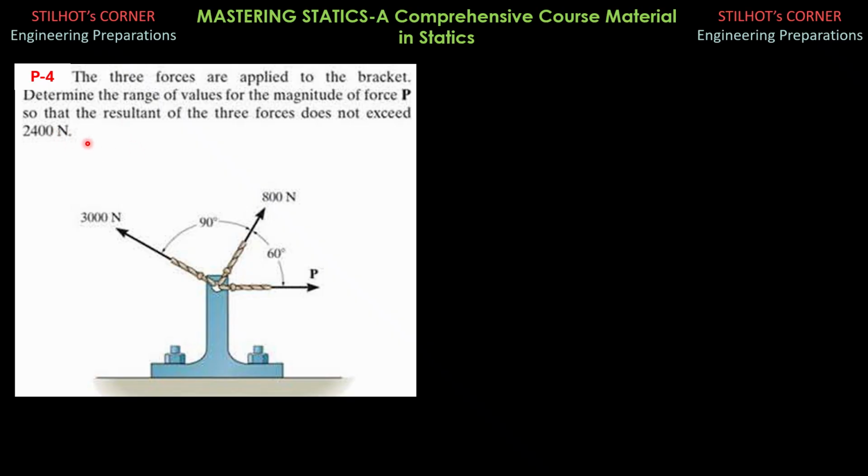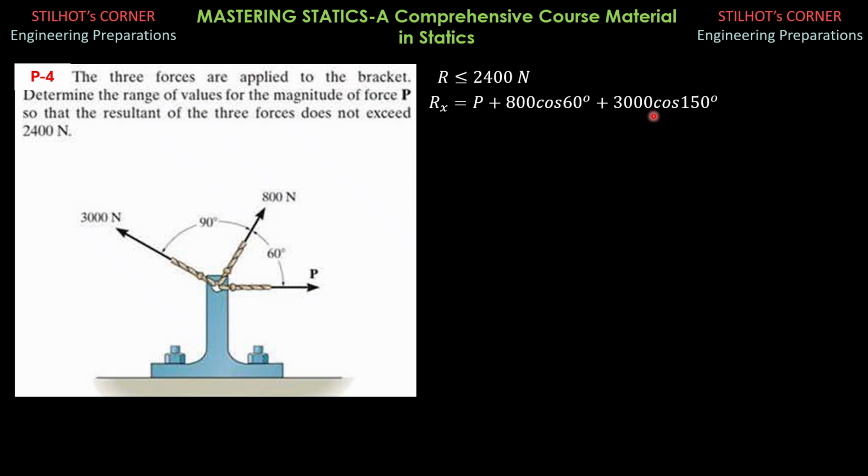So R should be less than or equal to 2,400, and R squared is Rx squared plus Ry squared, where Rx, from the figure, is P plus 800 cosine 60 plus 3,000 cosine of 60 plus 90, so 150 degrees. This component may also be written as negative 3,000 cosine of 30 degrees, because it is directed to the left.